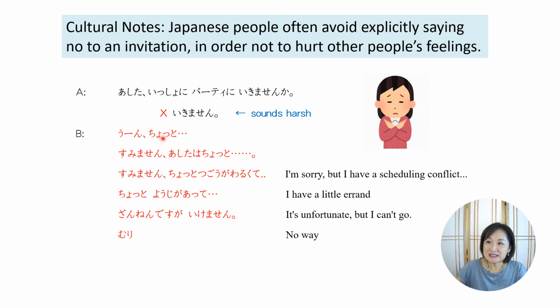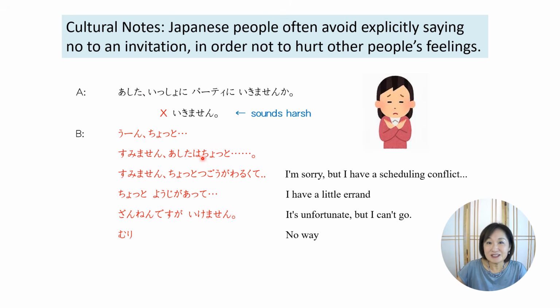I prefer to say, すみません、明日はちょっと by saying 明日は meaning tomorrow is not so good. So I'm kind of giving the option that tomorrow is not going to work, but if it is the day after, it will work.